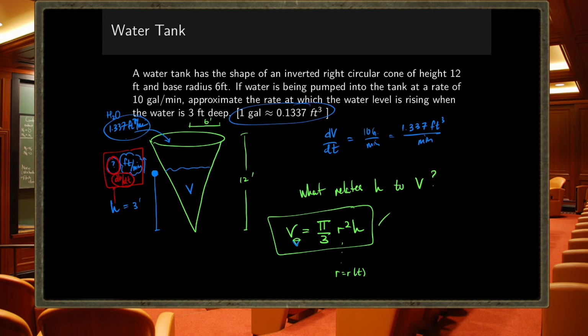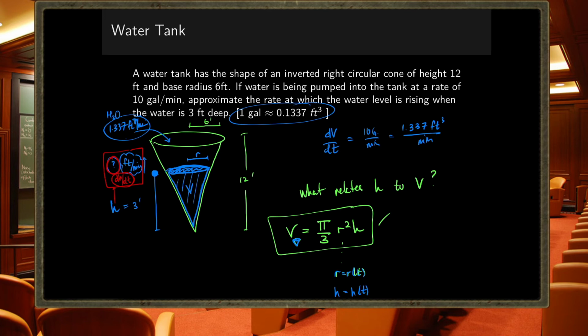The radius of the cone of water. There's this cone of water sitting inside this big fixed cone, and this cone is changing: the radius is changing and the height is changing. So I just introduced a new variable, the radius of the cone of water. This is a function of time, and h is a function of time.